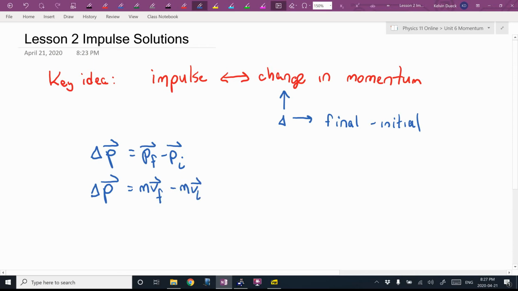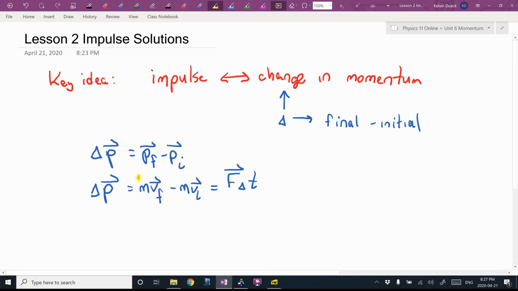Now that's really the same equation. Since momentum is mass times velocity, then momentum final is mass times velocity final. But we also proved that it equaled force times change in time.